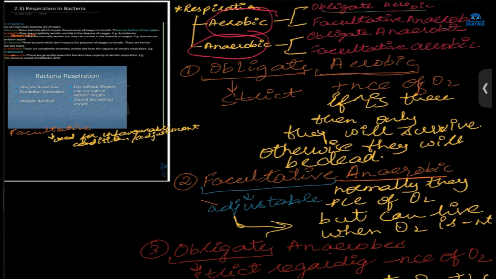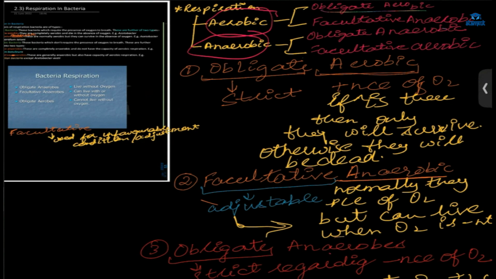Obligate aerobic bacteria will live only in aerobic conditions. They require oxygen to respire. If there is no oxygen, that bacteria will die.